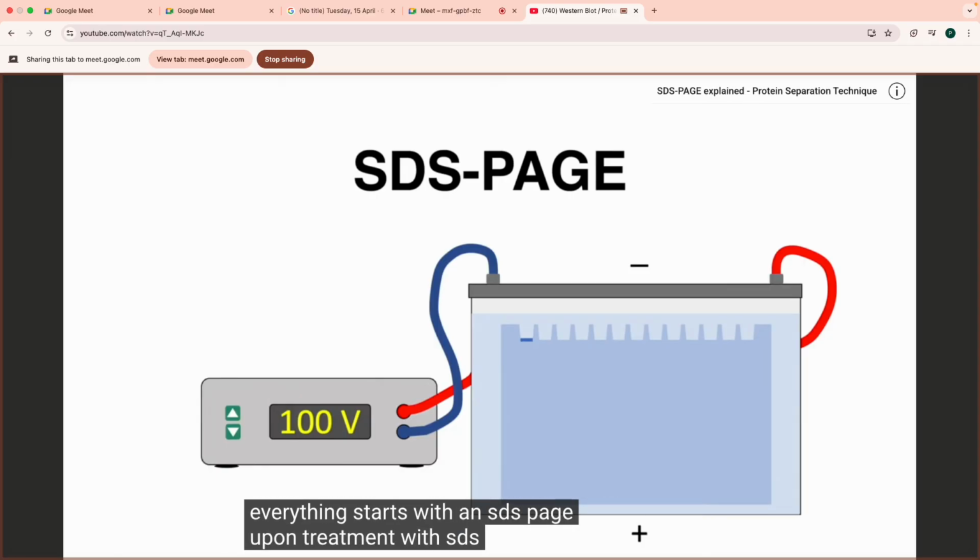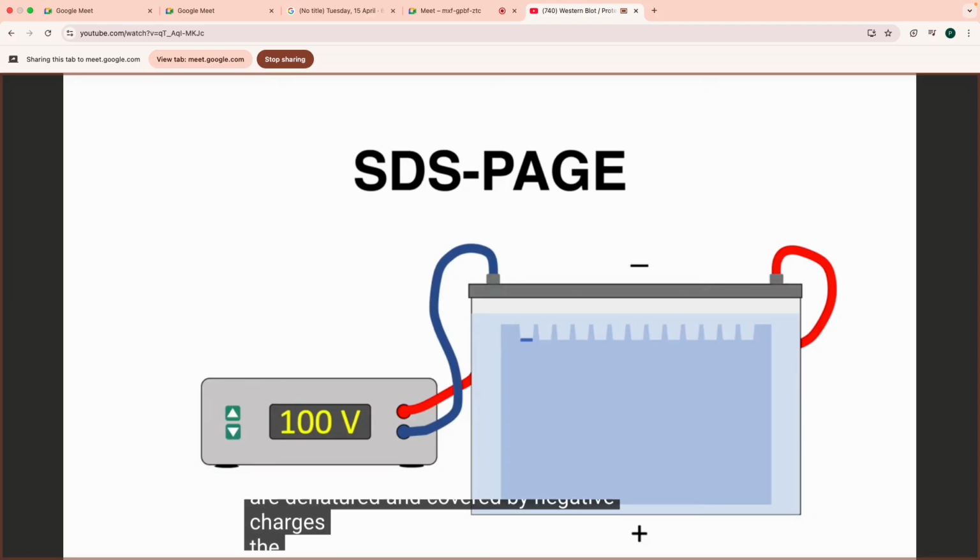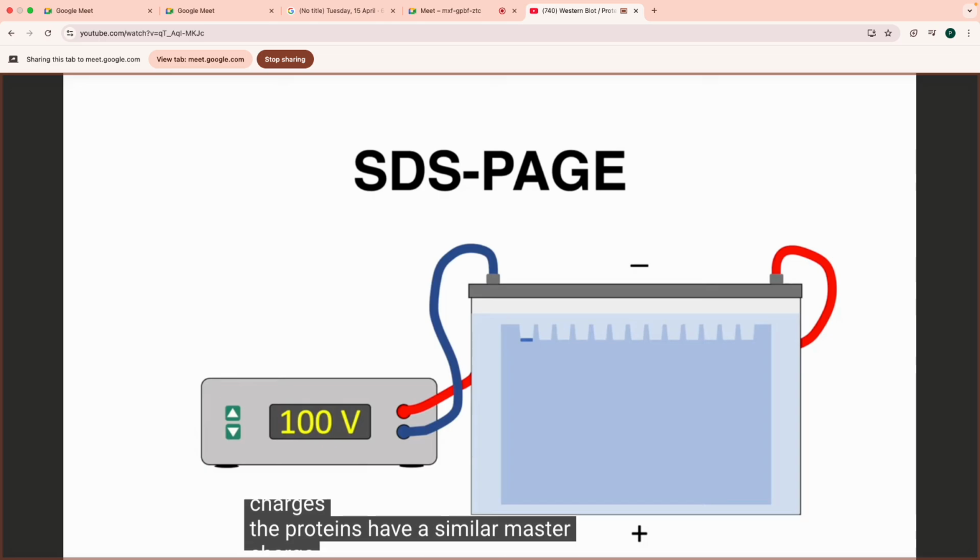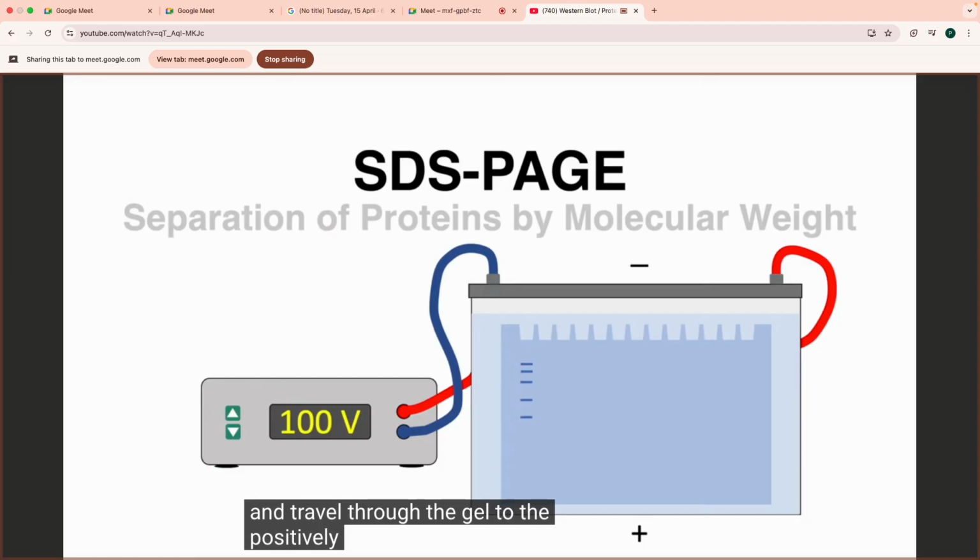Upon treatment with SDS, all proteins in a sample are denatured and covered by negative charges. The proteins have a similar mass-to-charge ratio and travel through the gel to the positively charged anode. This allows us to separate proteins according to their molecular weight.